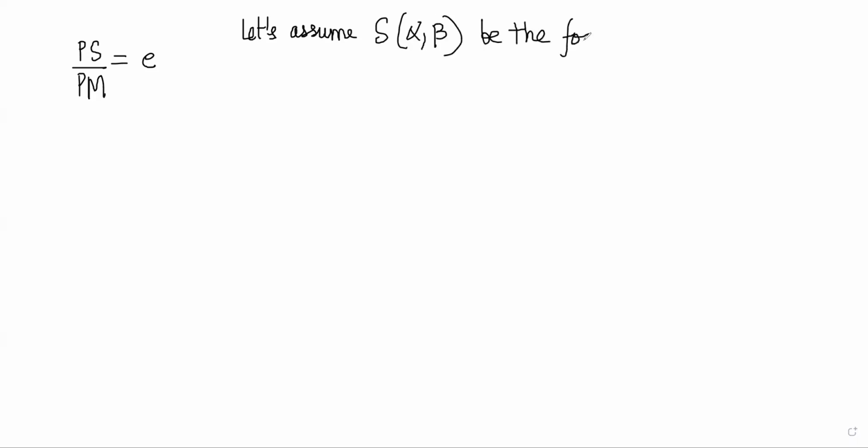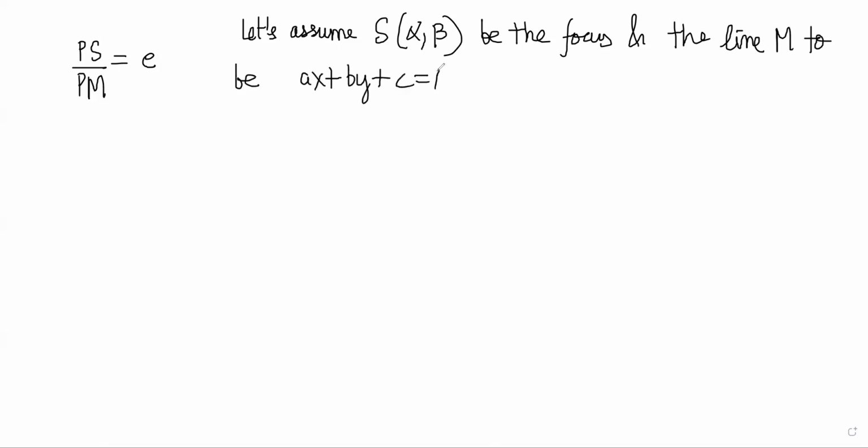So if I try to do this, that PS by PM is equal to E, and E is a constant, and I take some general conditions like, let's assume S to be alpha comma beta be the focus, and the line M to be having equation AX plus BY plus C equals 0.